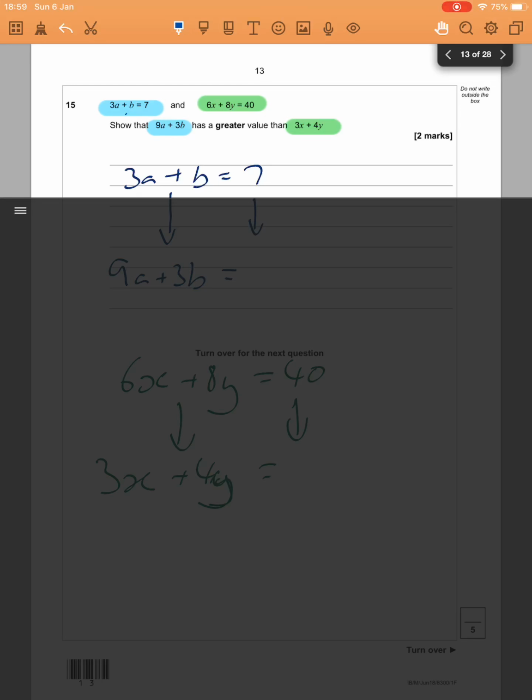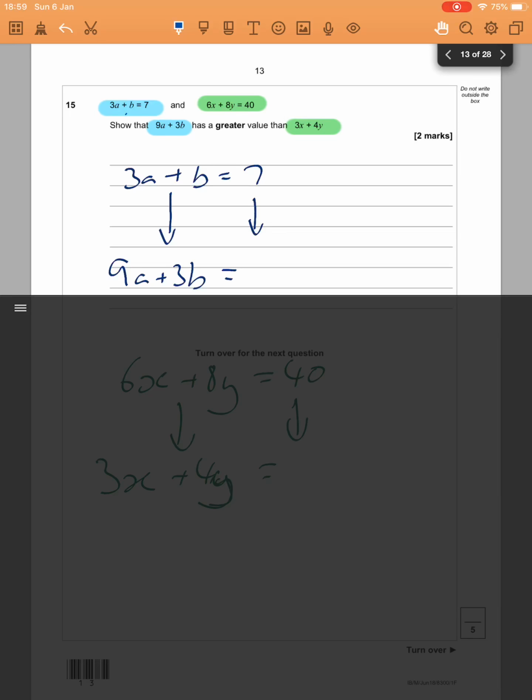Well, what do you have to do to 3a plus b to get 9a plus 3b? Well, this had been multiplied by 3. If we times this by 3, we get 9a. If we times this by 3, we get 3b. So what do you suppose has happened here? If that's been multiplied by 3, so is this. So we get an answer of 21.